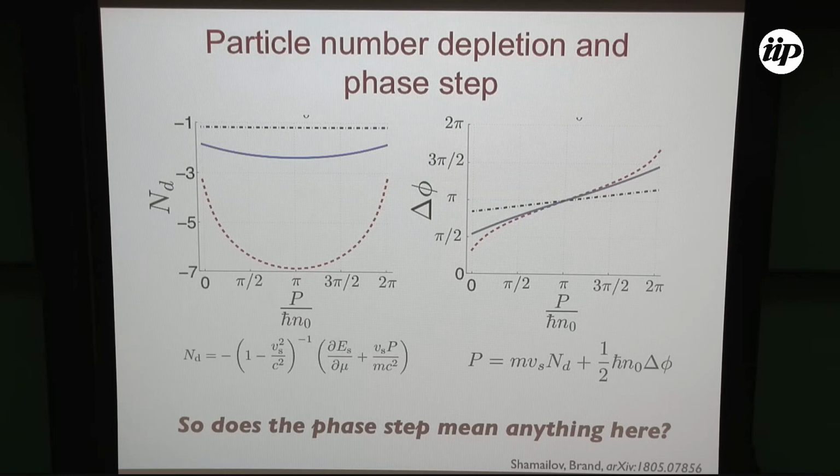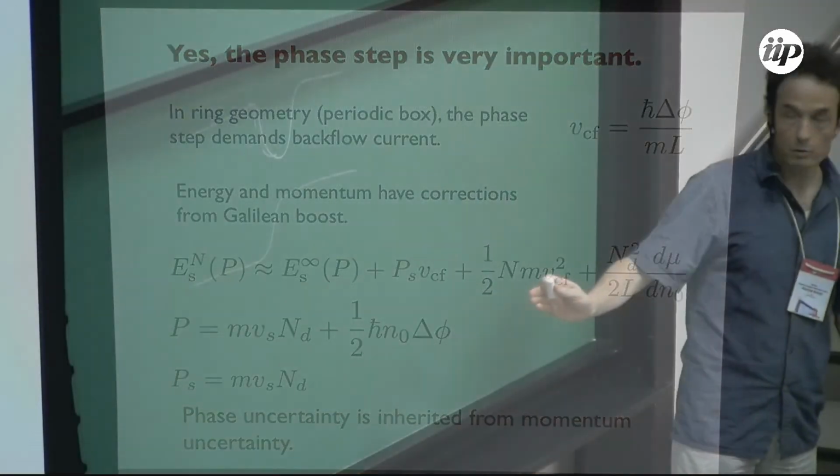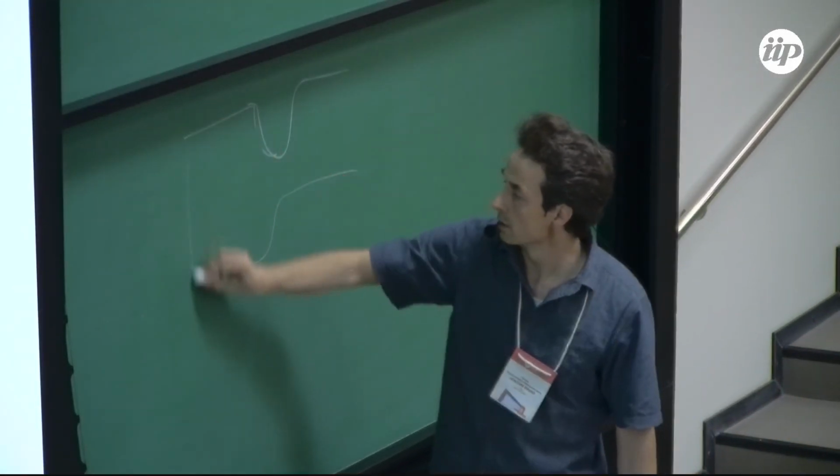So what does this phase step mean and where does it come from? The way we extract it is that we assume we have a soliton. Let me show that here. We have a soliton that has a density dip, and it is supposed to have a phase step. Now, if you want to fit that into a box with periodic boundary conditions, of course that does not work.